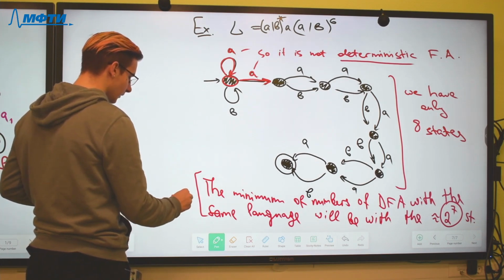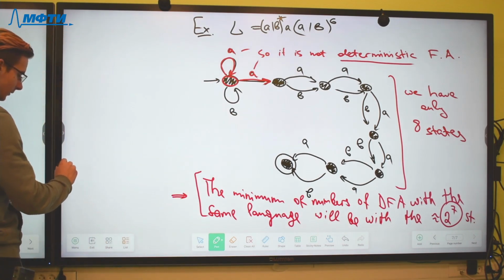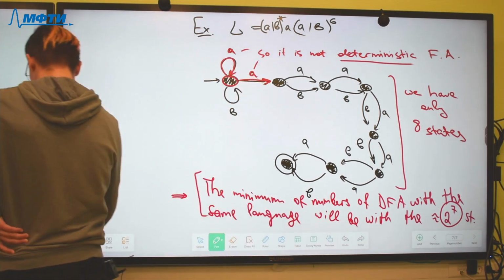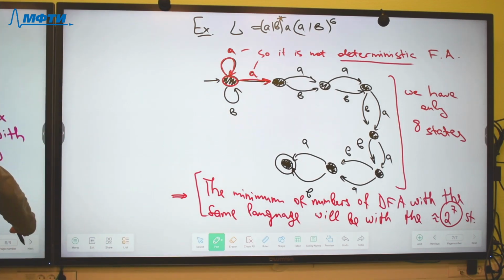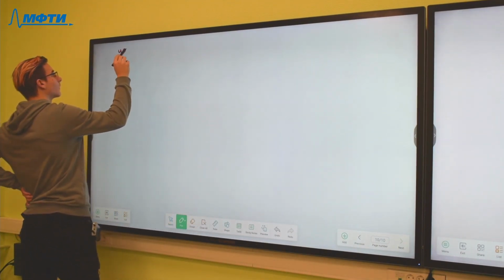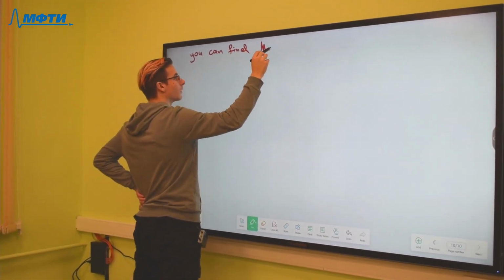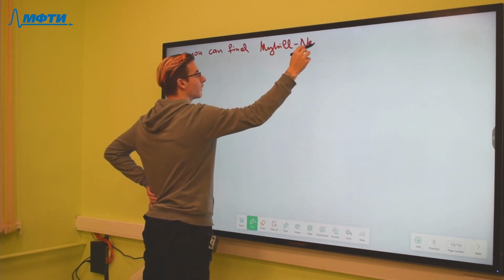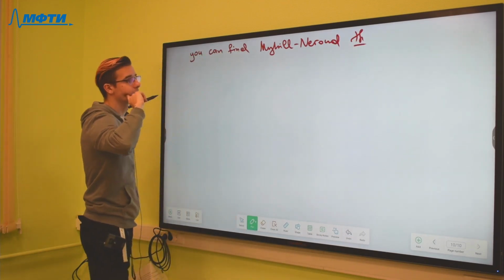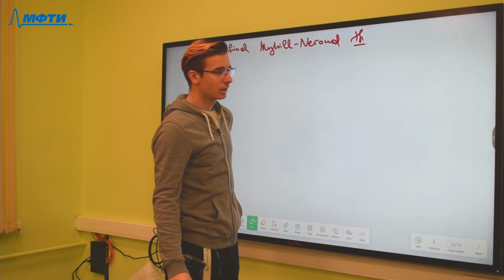And you can find the Myhill-Nerode theorem, which has this statement as a consequence.